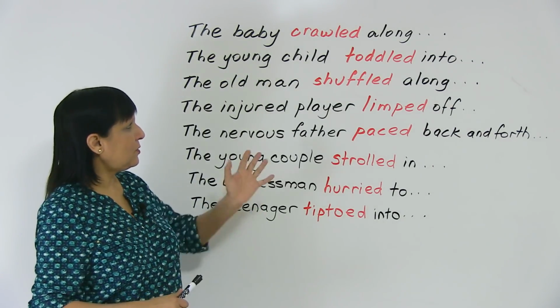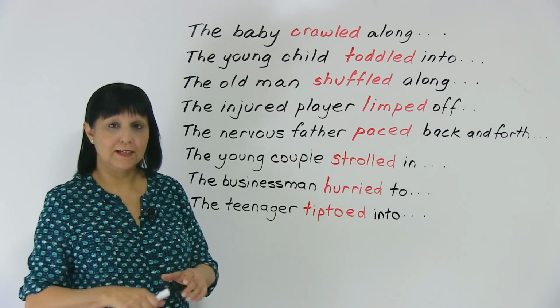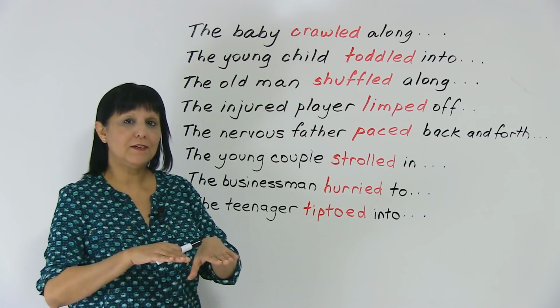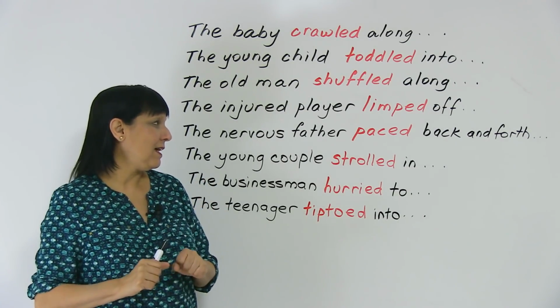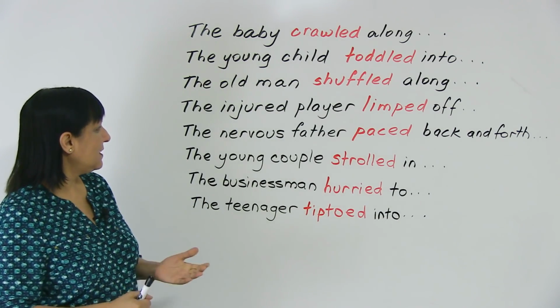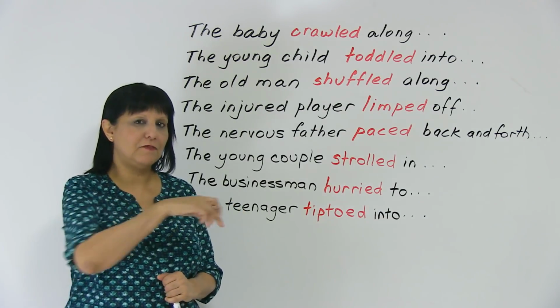Okay? So now you've learned 4 words already. Crawled on your hands and knees, toddled like a young child, shuffled like an old man, and limped like somebody who is injured. Okay? Next, the nervous father paced back and forth.